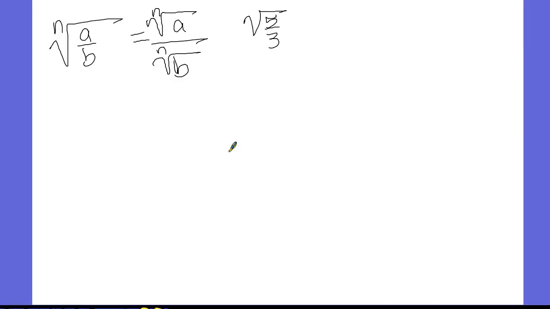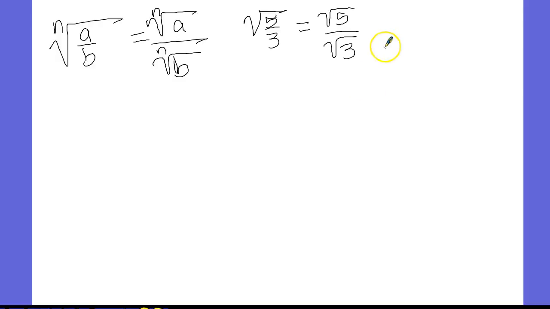So if this denominator is totally irrational, I'm going to separate them and say that it's the square root of 5 over the square root of 3. I couldn't simplify it, so it was just better to pull them apart.